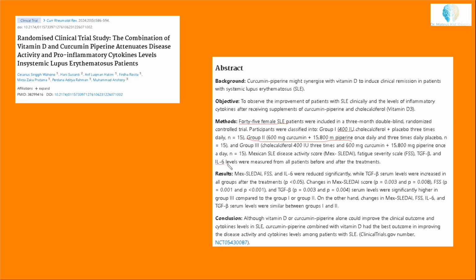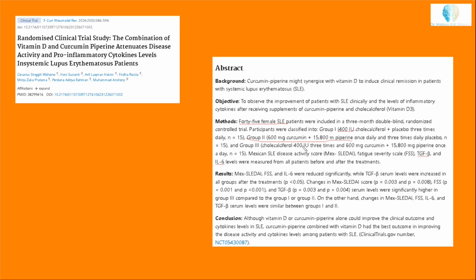So the higher the levels of interleukin 6, the more inflammatory activity you usually have. When the body is trying to change its response to control inflammation, it increases TGF beta.